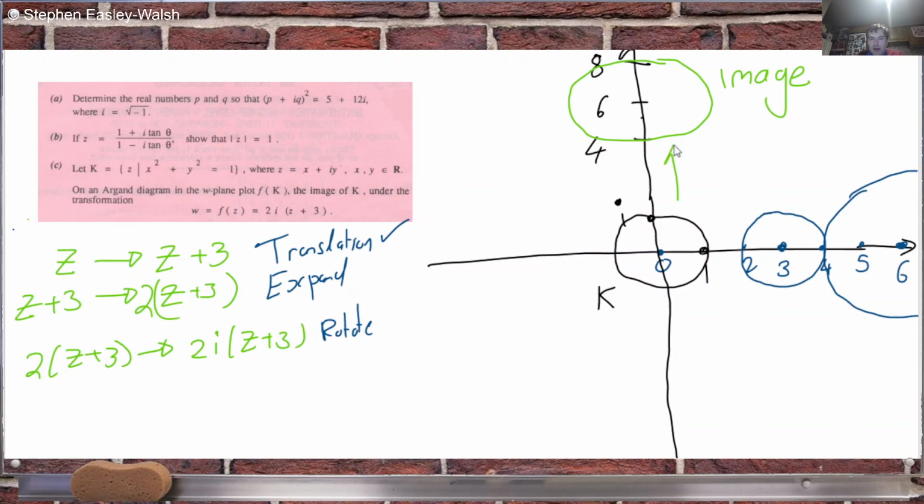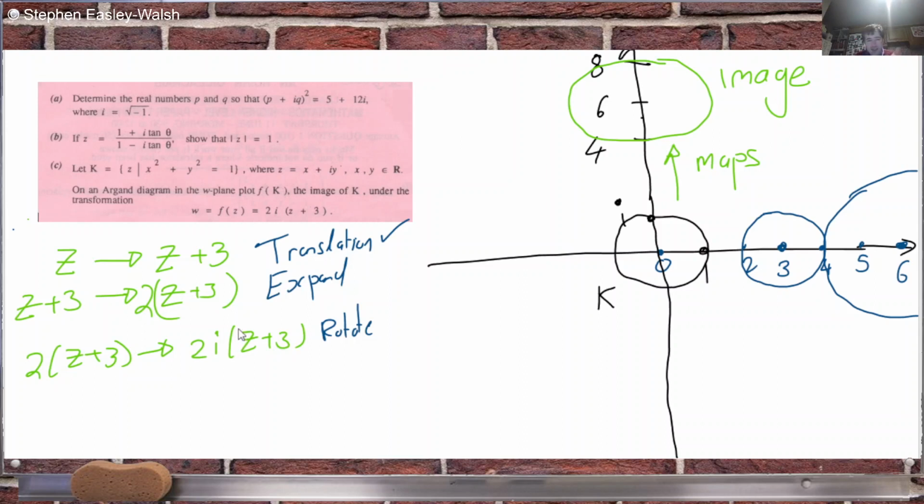So it gets mapped like that. So the circle is a unit circle at the origin, and then it becomes this circle of radius 2 located at 6 on the imaginary axis. I think I got that right. Move it to the right, all the points get doubled, and then rotate it 90 degrees anti-clockwise.